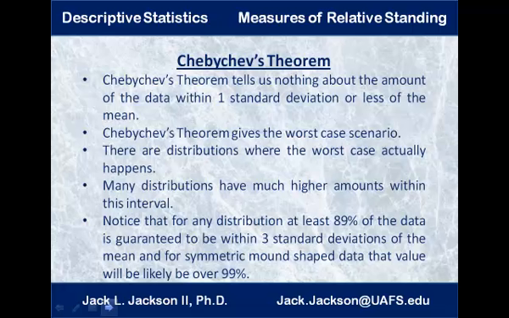But many distributions, I would say most distributions, have much higher amounts within this interval. So for any distribution, at least 89% of the data is guaranteed to be within 3 standard deviations of the mean. But if we have data that's mounded up in the middle, symmetric mound-shaped data, that value will likely be over 99%.